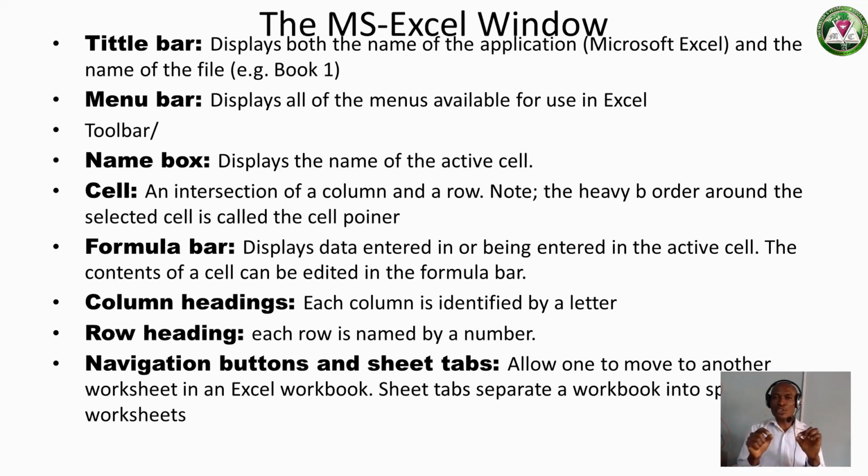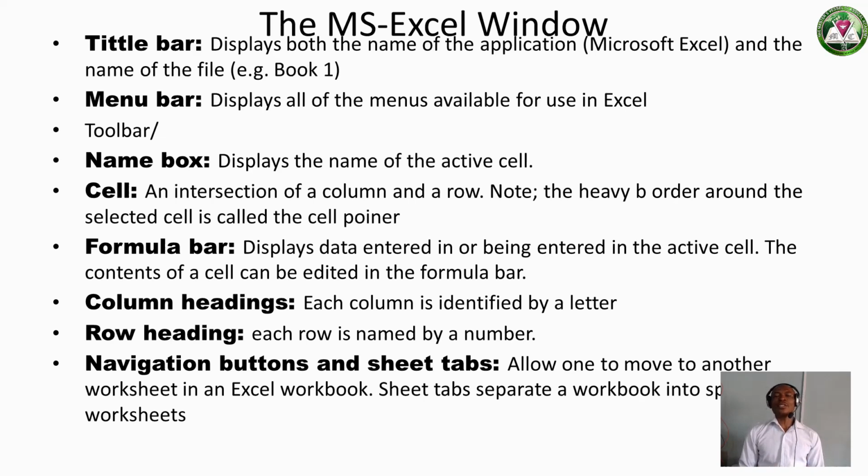That's the default number of sheets you have in a book: sheet 1, sheet 2, sheet 3. Though you can choose to add more sheets, the default number of sheets in a workbook is 3. So in order to navigate from sheet 1 to sheet 2, you make use of the navigation buttons.